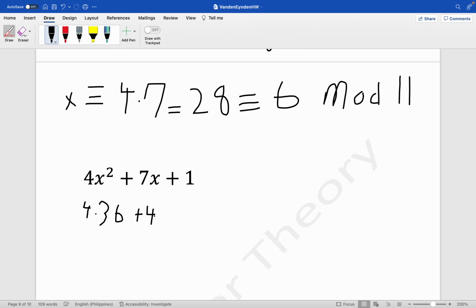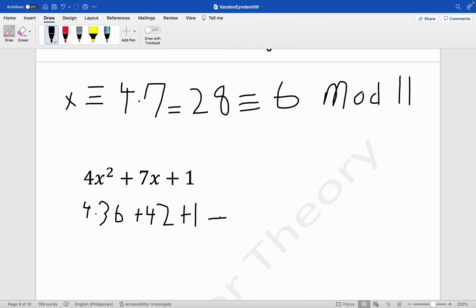What we're doing right now is checking the answer. Now, that's equal to, let's see, 144 plus 42 is 186. So, ladies and gentlemen, I'm getting 187. Now, the question is, is that divisible by 11?